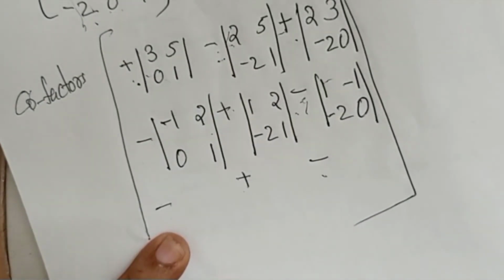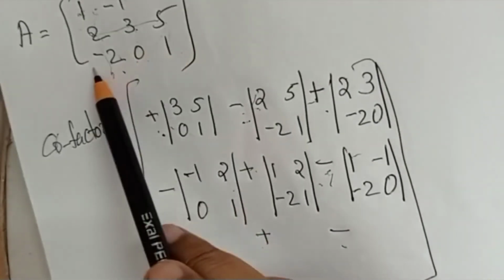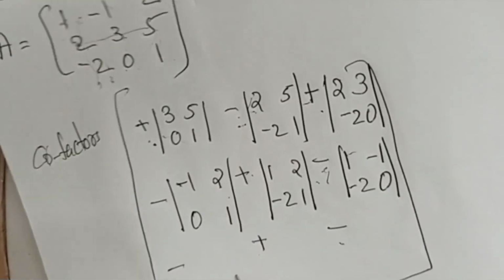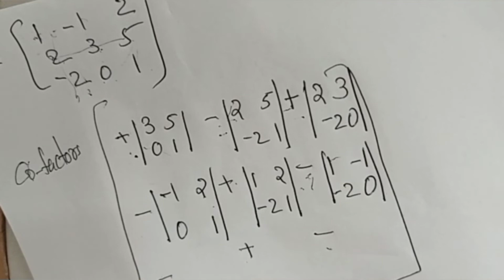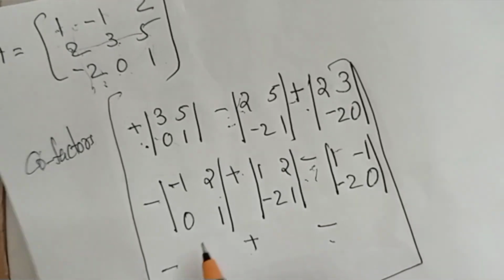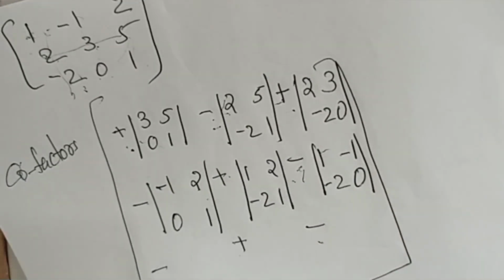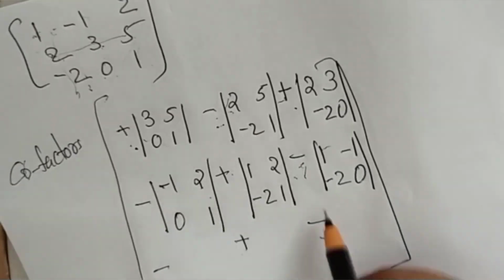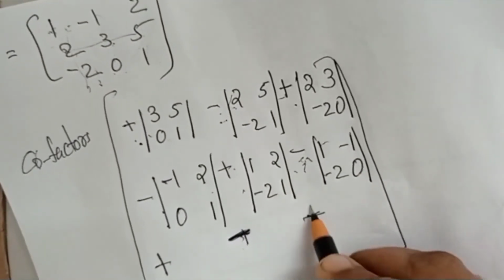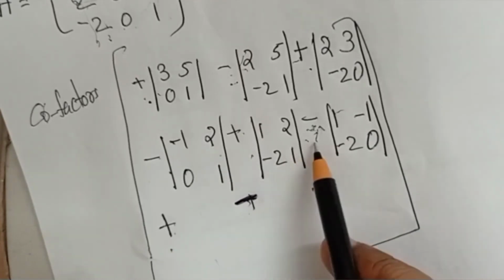Then the next one. To find the cofactor of this minus 2, it is in the third row, first column, so 3 plus 1. The sign here is plus, not minus, because after minus we put plus: plus, minus, plus.